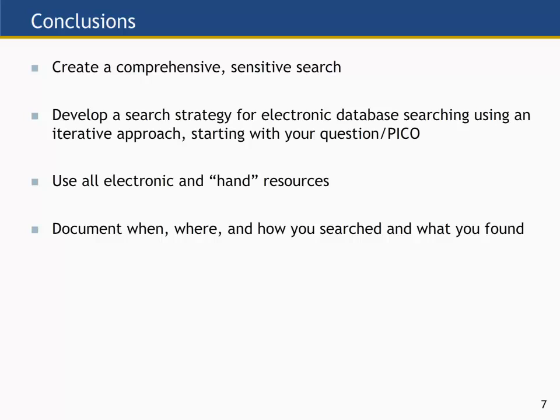We've introduced an approach that includes breaking your research question into components using PICO. We've covered the variety of electronic sources for peer-reviewed literature and gray literature. And the other key point, starting from the beginning, is document what you do when you do it, and you will be well on your way to producing a great systematic review.